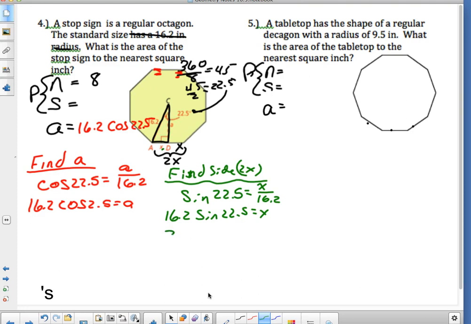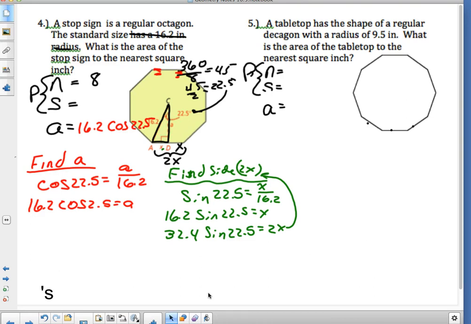So that's why this is going to be 32.4 sine of 22.5 equals 2x. And people are like, why is it 2x? Because I made the right triangle, I have to be aware that that side is half the length of the total side. Okay, once I do that, I'm done.